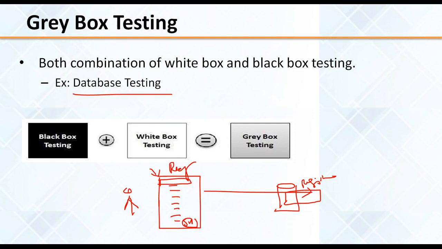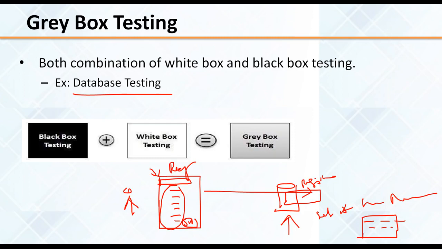We should log into the database and provide a certain query. Let us say select star from registration. If I give a query like this, it will give all the records which are there in the table. Now if the record we entered from the client application is present in this table, then this is 100% testing, right?